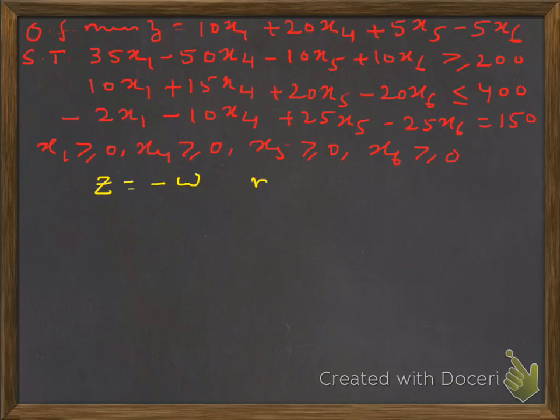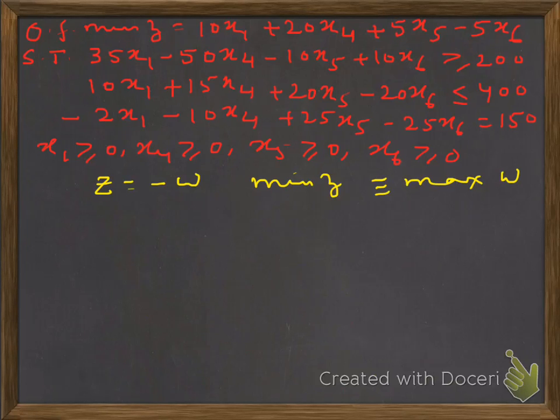So when you minimize z, you are actually maximizing w, and at the end, suppose we maximize w and do this substitution w equal to minus z, then we will be getting the minimum value of z. So let us do the substitution and rewrite the problem.